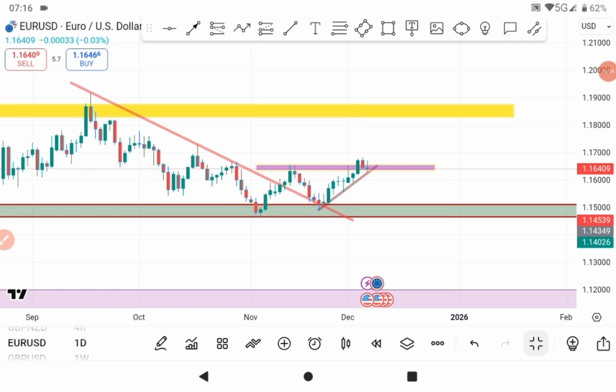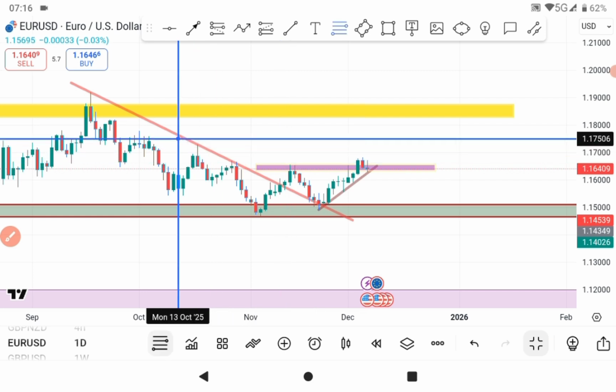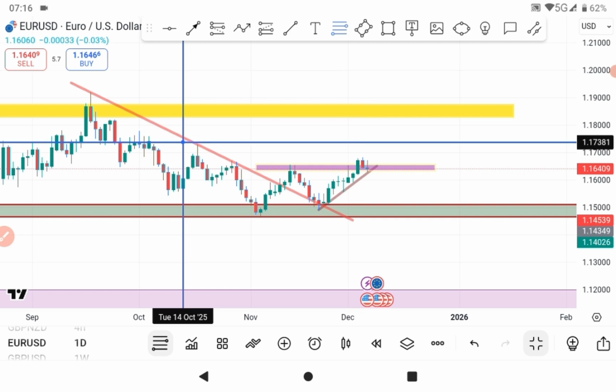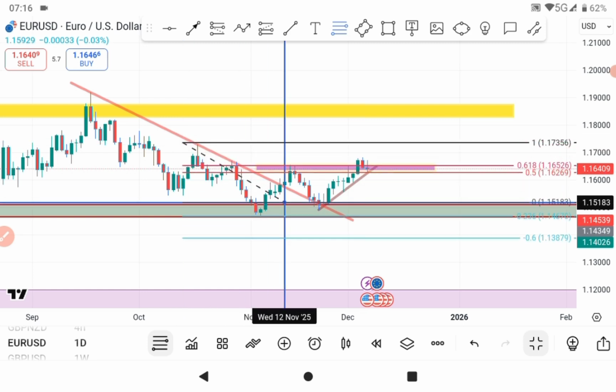Now, secondly, you have to understand that this market is still on a Fibonacci level. Let me use my Fibonacci to show you guys what I'm saying here. You can draw your Fibonacci from the swing high to the swing low.